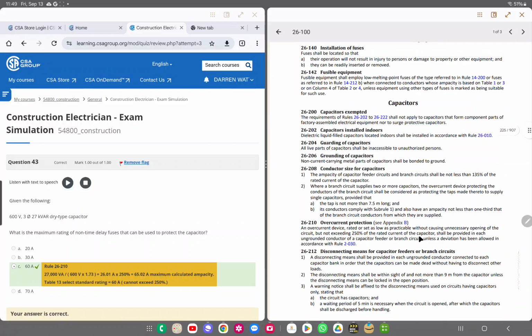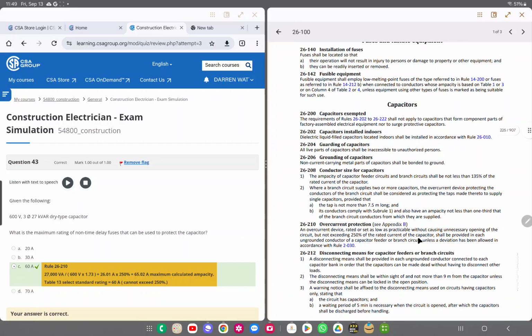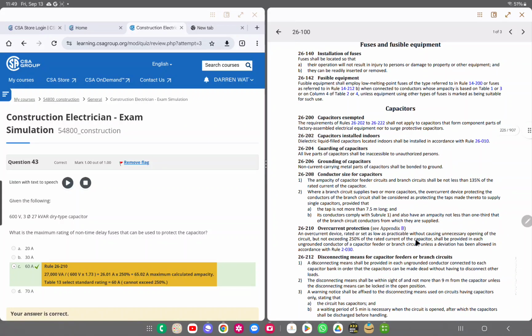So now to calculate our amperage and then 250%. We've got our 600 volts and it's three phase. So 600 times 1.732, you should memorize that. 1.732, it is 1039. Just minimizing the amount of calculations you have to do when you're doing these questions.